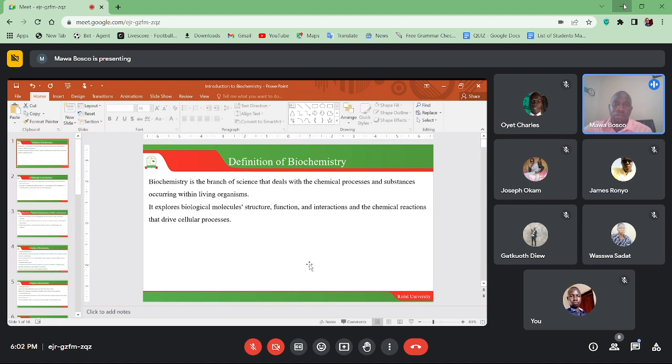This is very key because we apply this knowledge in understanding the structures of different receptors and how we can target those receptors using, for example, drugs.